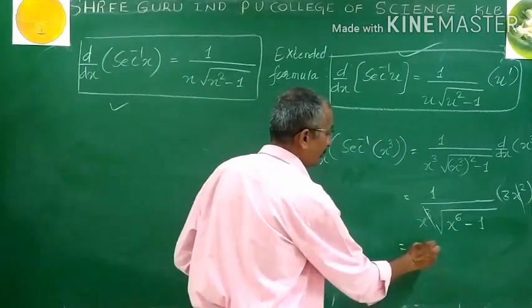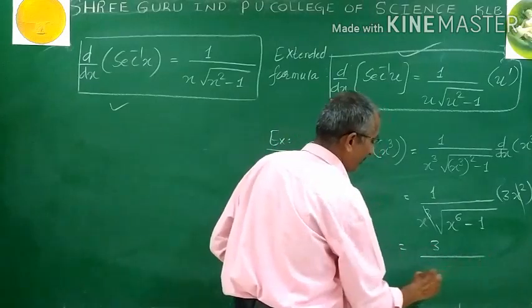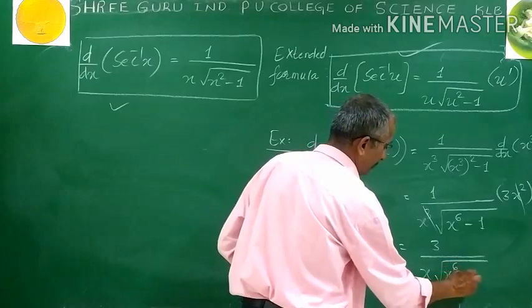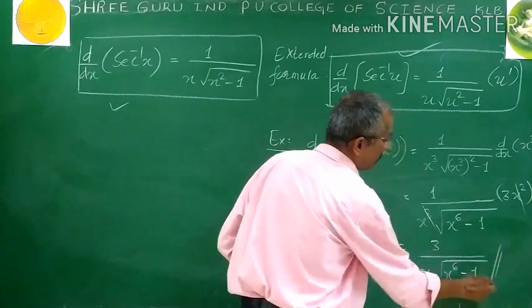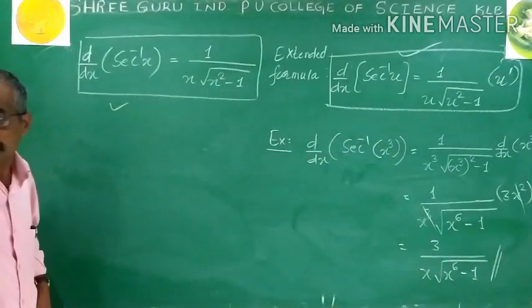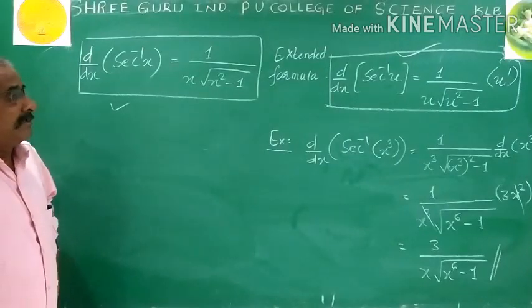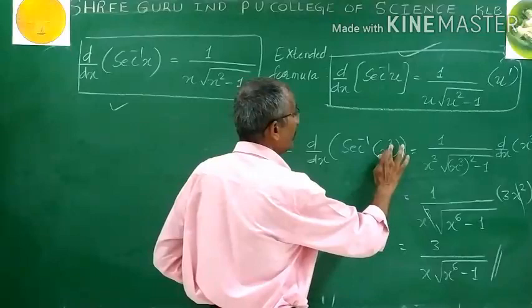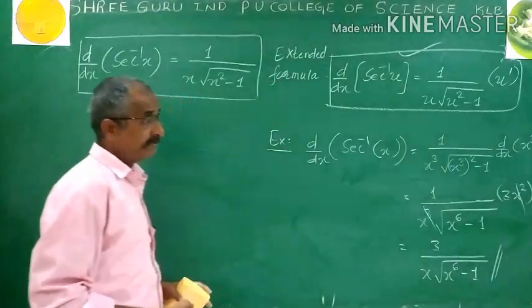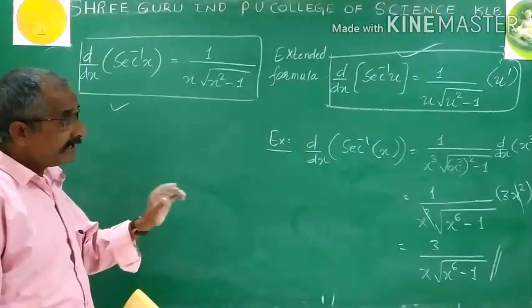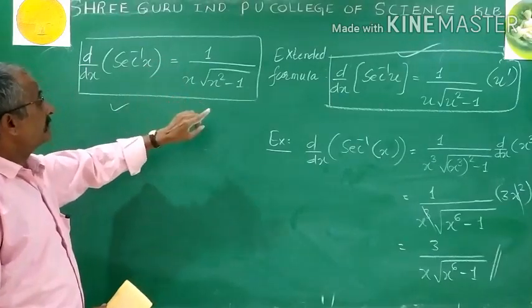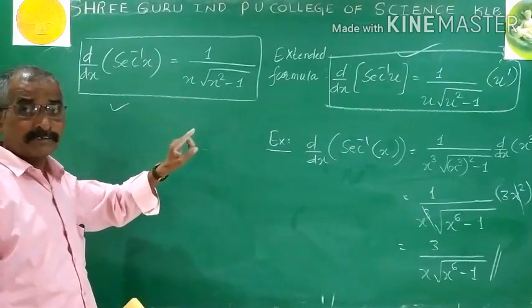Left is 3 divided by x into square root of x power 6 minus 1. By chance, if your problem were x instead of x cube, then your answer would be 1 by x into square root of x square minus 1.